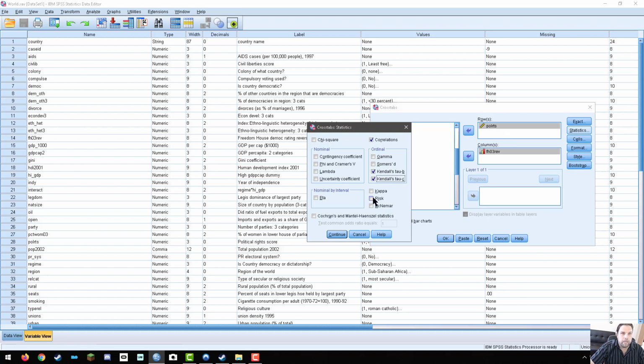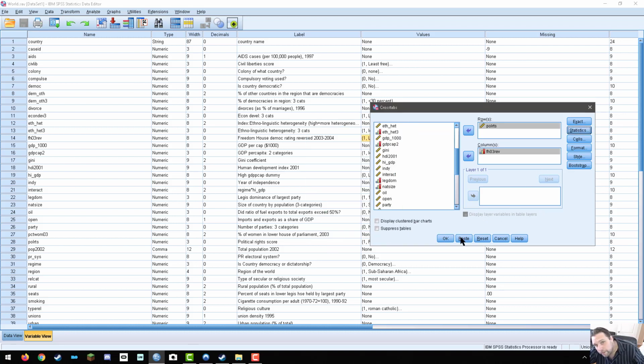Actually, I think it's going to be Kendall's Tau B in this particular case, because if I remember correctly, there are 7 categories for political rights and 7 categories for the Freedom House score. So it's going to be a 7 by 7 square. So we should be running Kendall's Tau B, but of course, let's double check by running both analyses. And hit continue. I'm going to hit OK.